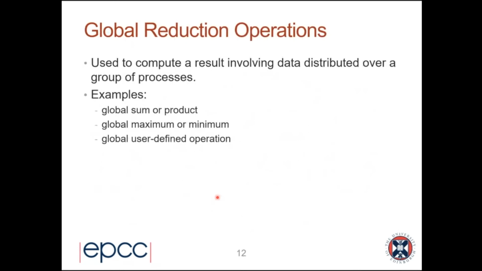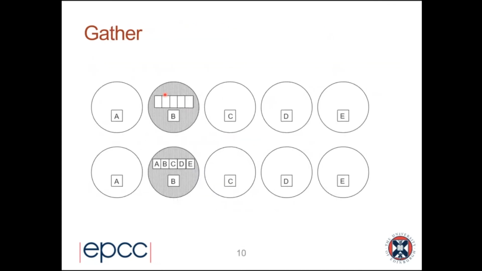So, global reduction operations. Well, you could just pass the address of. What I could do, let's do an example.